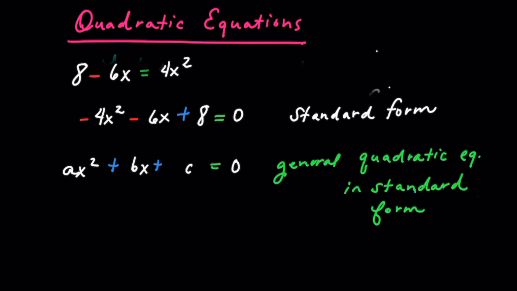Okay, so we have our standard form and everything's on the left side. Now we're going to look at the general form of the quadratic equation in standard form, and it's usually denoted by ax squared plus bx plus c equals 0. So a, b, and c are just constant numbers. They're the coefficients to these variables, and they're just any real number.